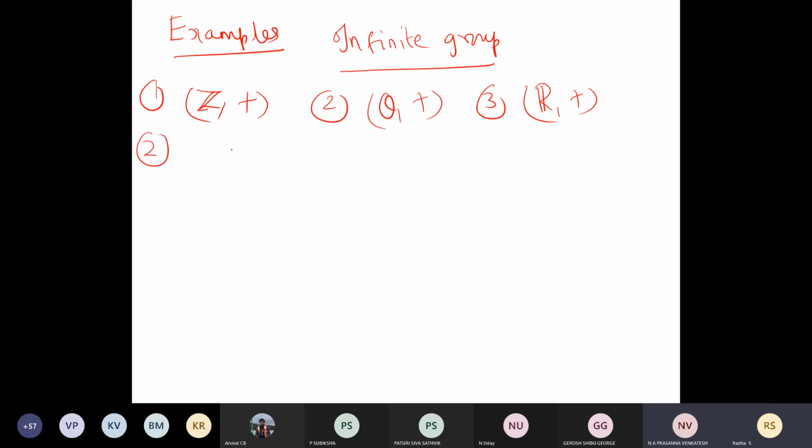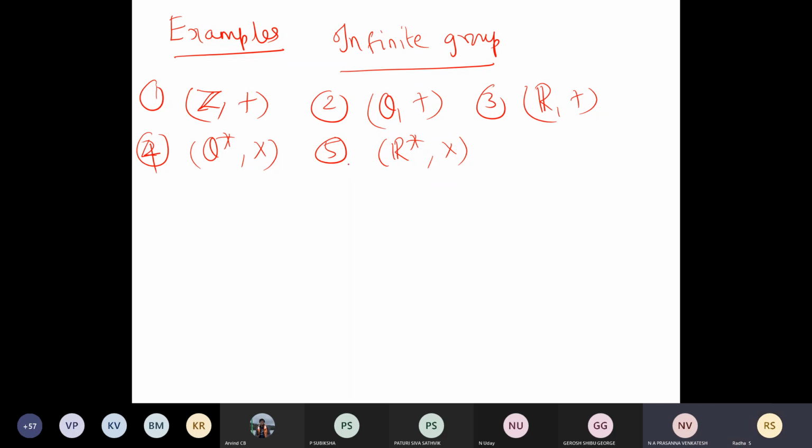Under multiplication, Q star, then R star under multiplication. All these are infinite groups. Even C star also. C is complex numbers.